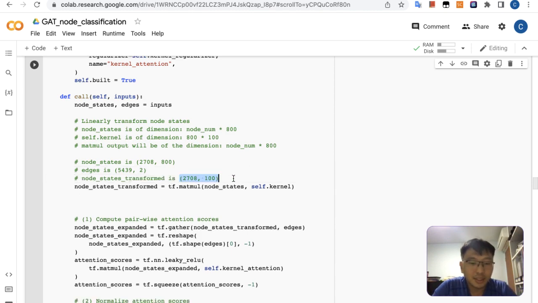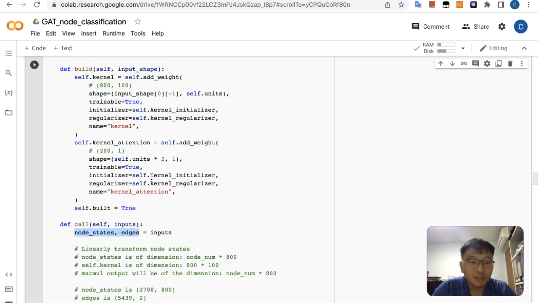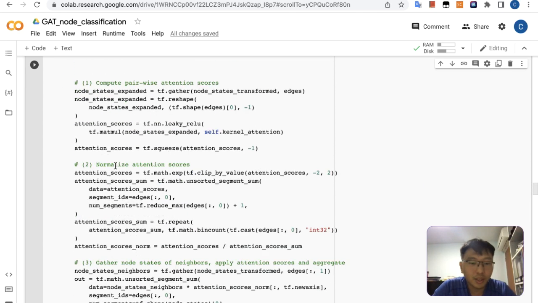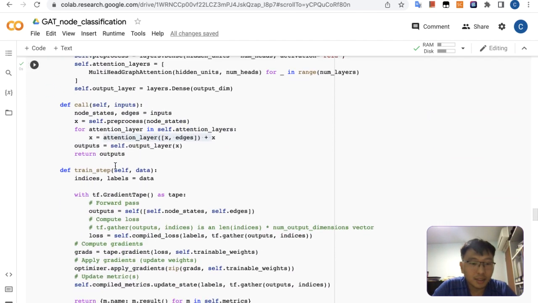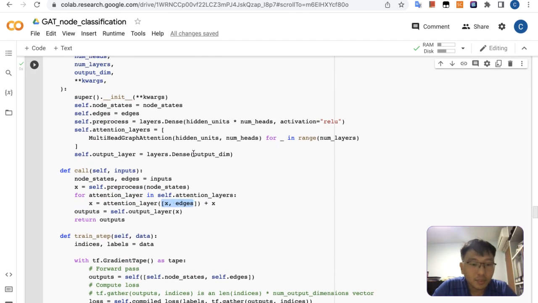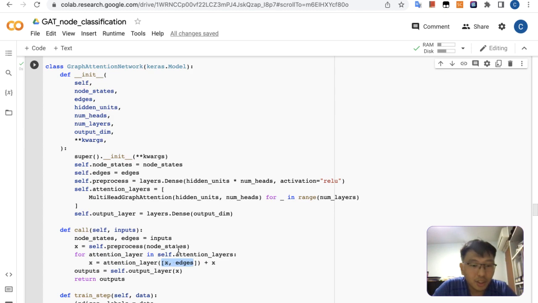So the inputs here are basically the processed inputs already. When we do this, this is already the processed inputs. That is why when we actually initialize this attention layer like that, the call is like this.